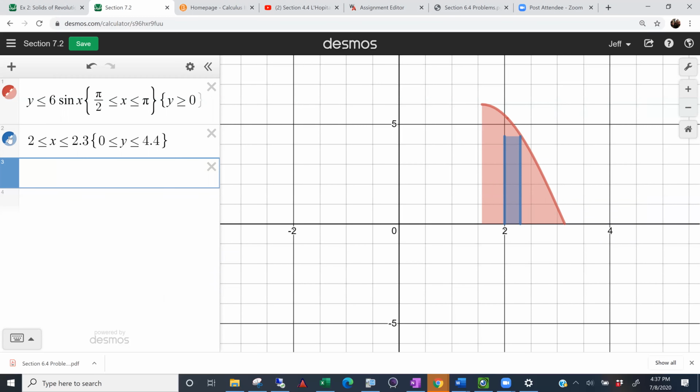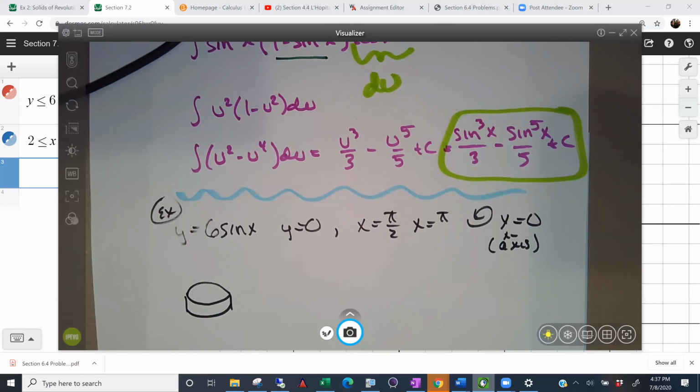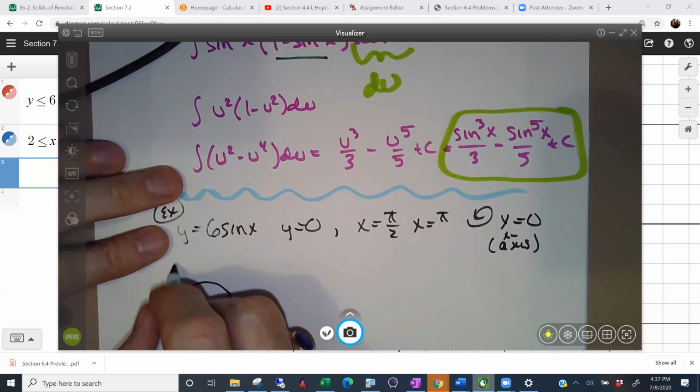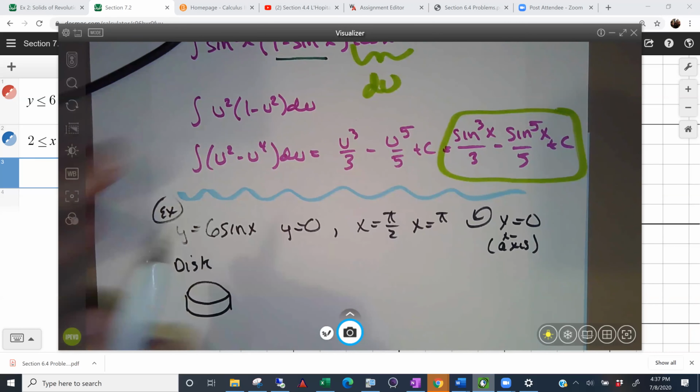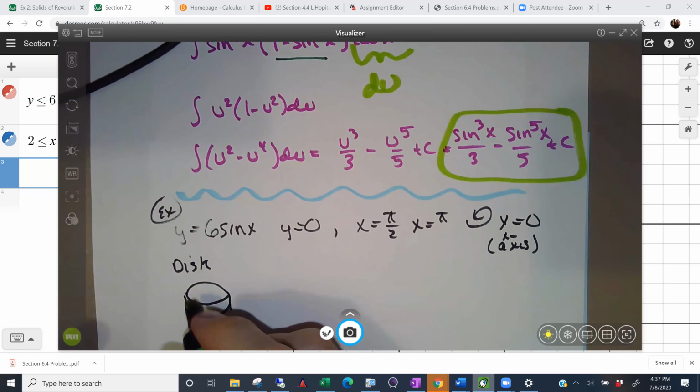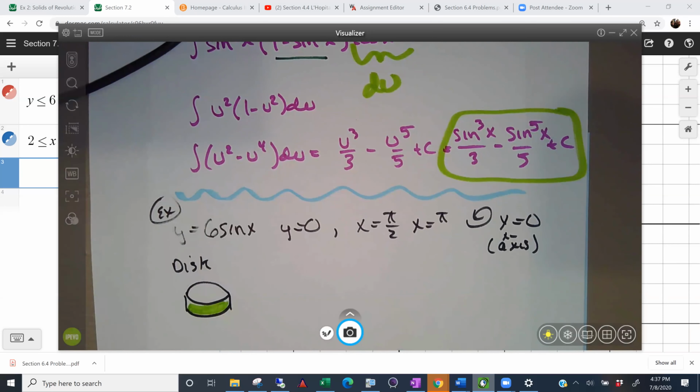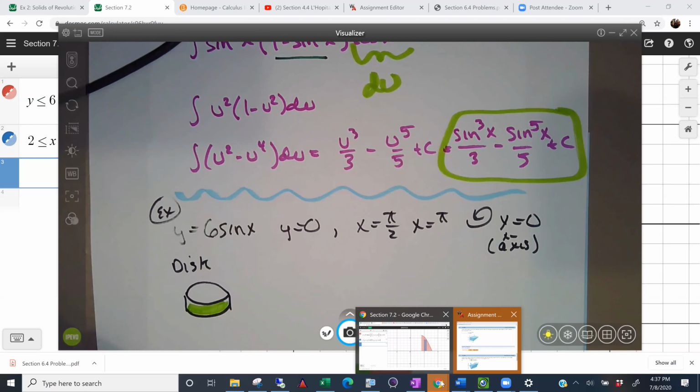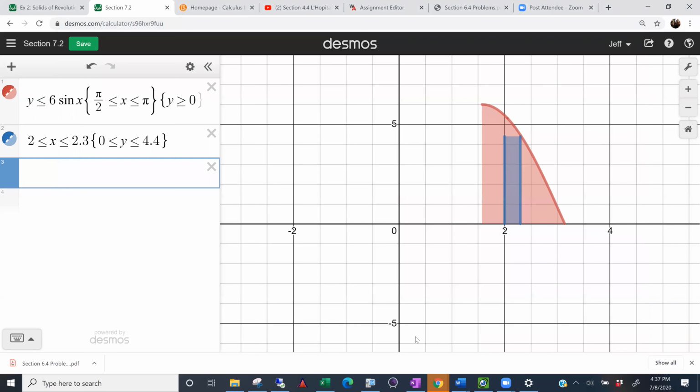And when you rotate that around our region, that's going to give you a disk. How come it's not giving you a washer? It's not giving you a washer because our region is flush with the axis of rotation. So that pink region sits completely tight with the x-axis.